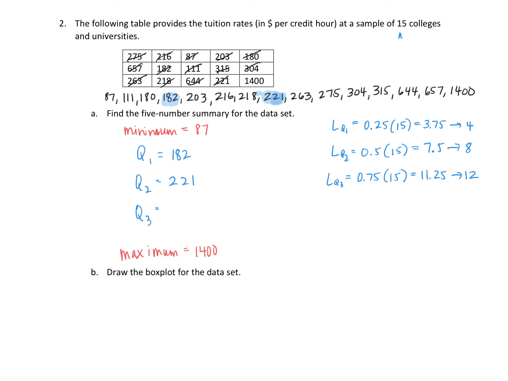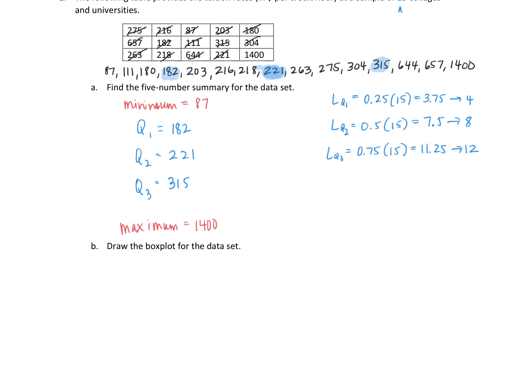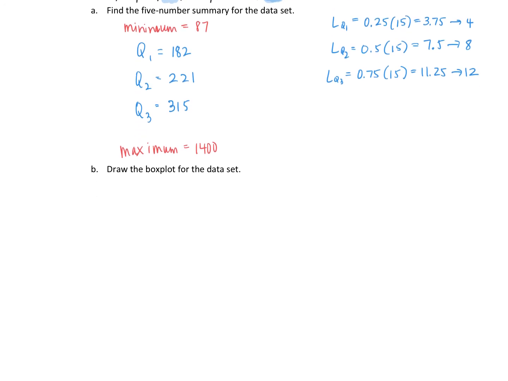We know 8 is 221, so 9, 10, 11, 12 is 315. So 315 is Q3. We now have our 5-number summary, so we just use that to draw our box plot. The box plot is just a graphical way to show the 5-number summary.